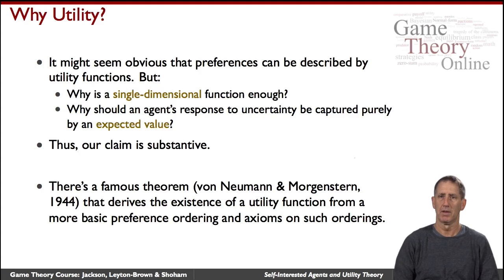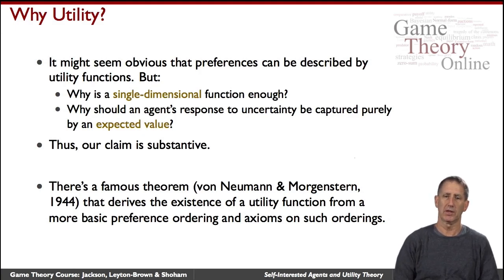So for example, you might have some level of wealth and some degree of health, and for a certain level of each one, you'll have some notion of well-being. But is it appropriate to put the two together and have a single scale? You might question that.